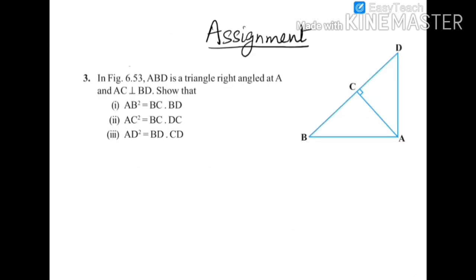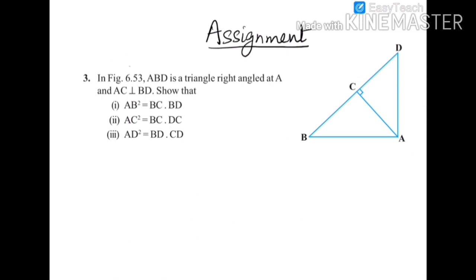With this, we come to the end of this video lesson. Your assignment is question number 3, which is a similar question to question number 2. And part of it we have already done in proving Pythagoras theorem. These equations are to be obtained by proving triangles similar. So in this figure, we have 3 triangles, 2 small and 1 big.